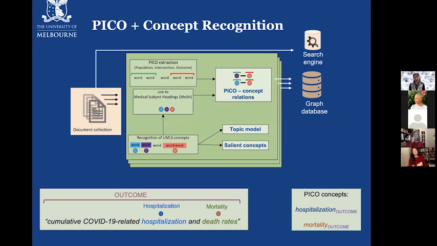We've been working on processing the literature, sentences like, accumulative COVID-19 related hospitalization and death rates, mapping those into particular PICO elements, population, intervention, control and outcome elements from the clinical trial structure, and then combining that with the same sort of concept recognition that we were doing in the clinical notes in order to relate particular concepts to particular dimensions of our trial structure.